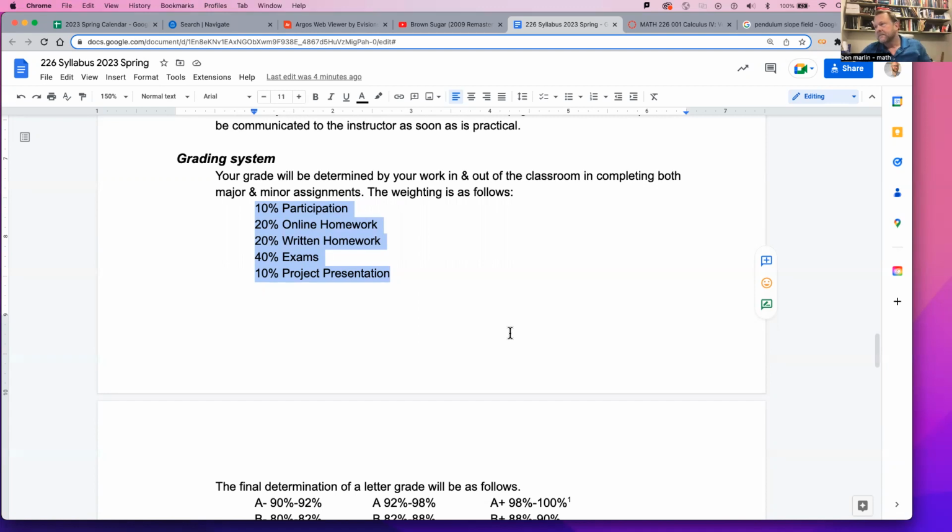Speaking of exams, we're just going to have a midterm and a final. That's it. I'm going to rephrase that. I'm not going to call them a midterm and a final. I'm going to call them a first exam and a last exam. It's not going to fall during final exam week. We're going to get the exams out of the way ahead of time.